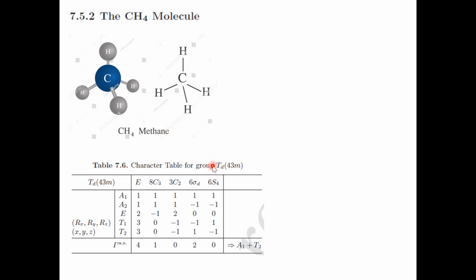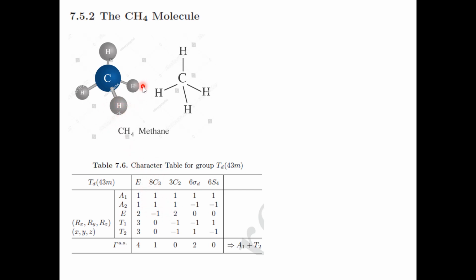Now I have the Td group, the tetrahedral group. So the tetrahedral group has more symmetry operations. It has all these different symmetry operations right here. And again, I'm going to follow the same steps.